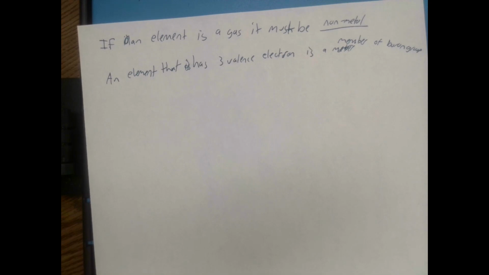So elements in the same family have what? The same valence electrons, and what else? Chemical properties. You should know these. If you're a semiconductor, you're what type of element? A metalloid. The chemical symbol represents the name.